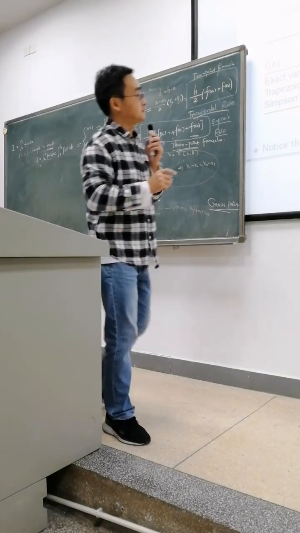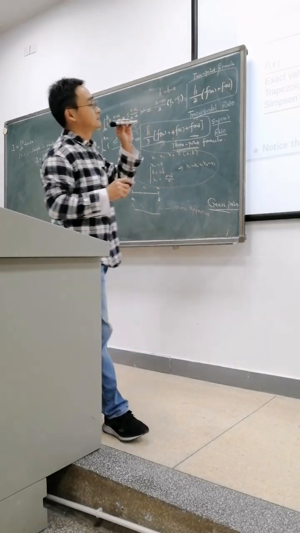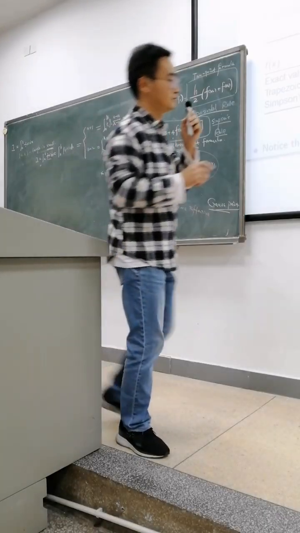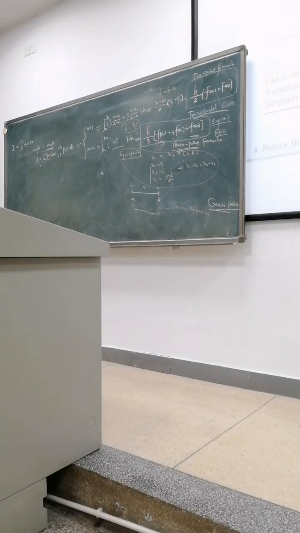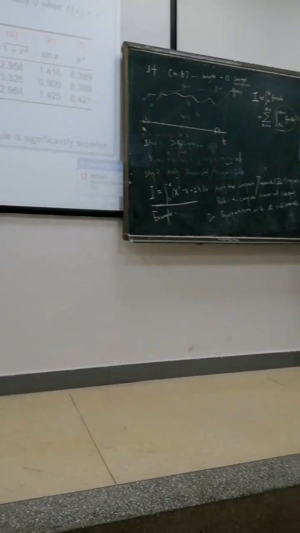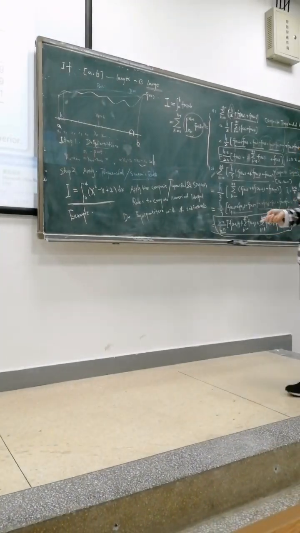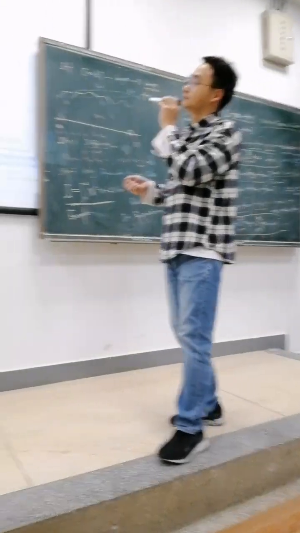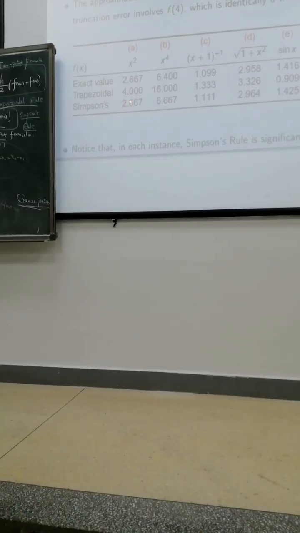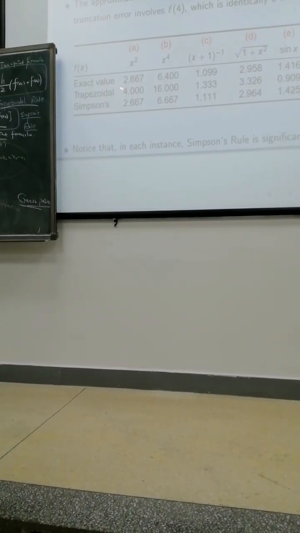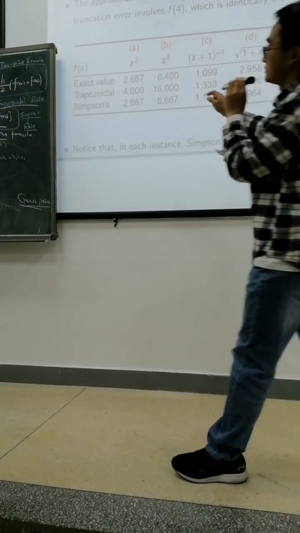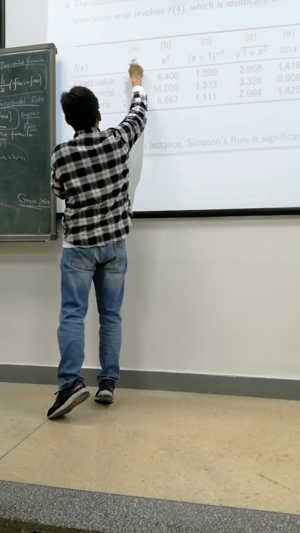Now take a look at this example. From this example, we may find that the Simpson rule seems more accurate than the trapezoidal rule, because this is the exact value of the integration, right?